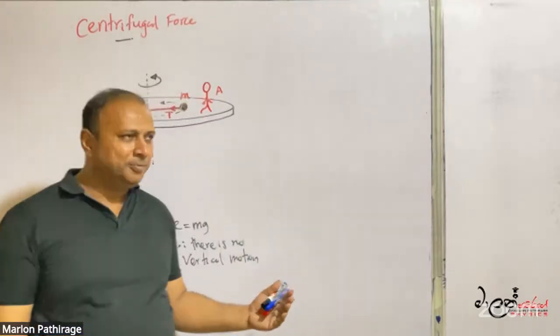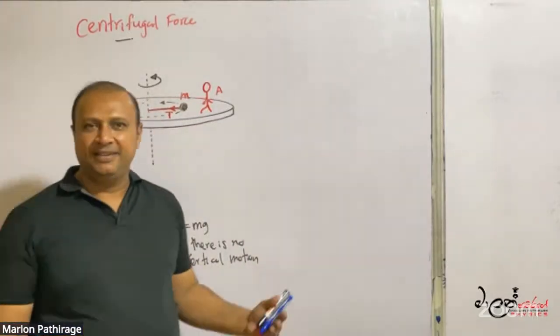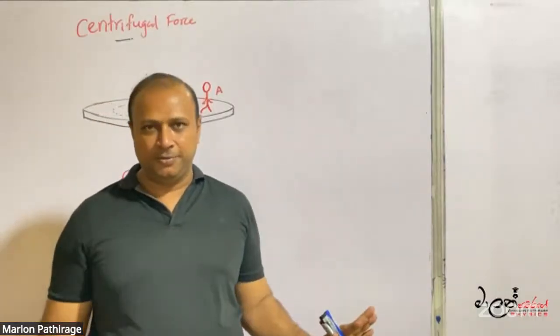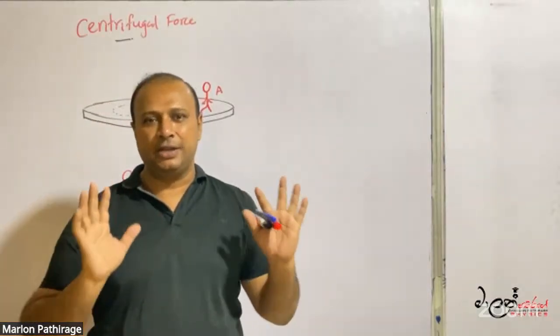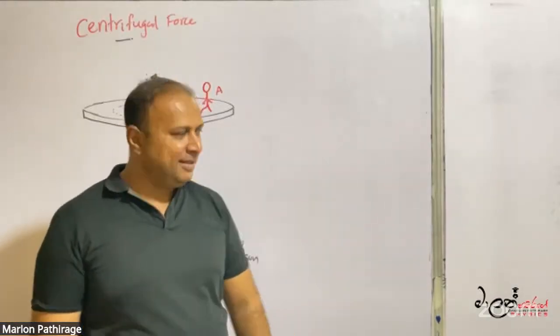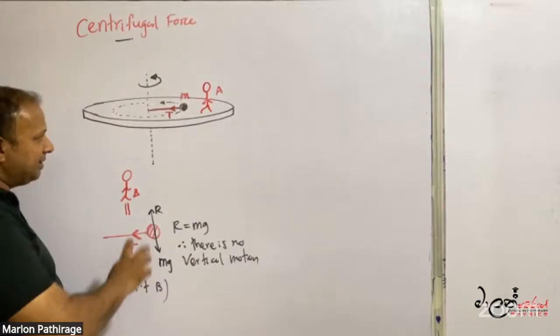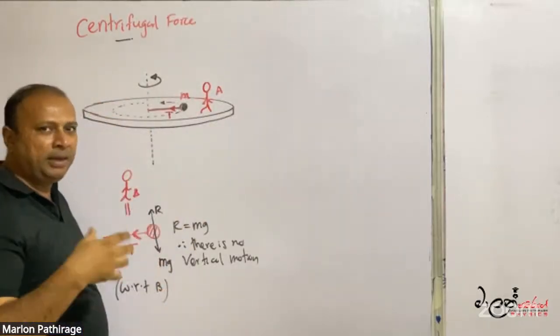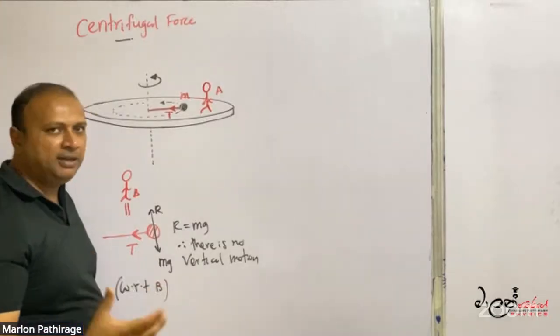Suppose now A does not feel whether there is a rotation or not, because there is no surrounding. So, there is a rotation, but as there is no surrounding, A cannot feel whether it is rotating or not.